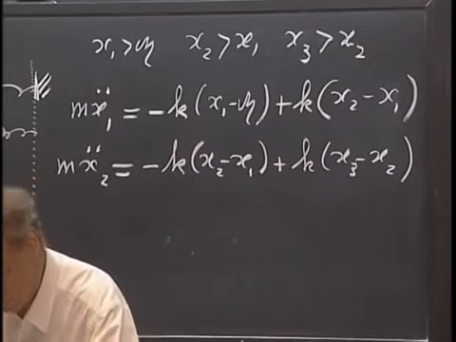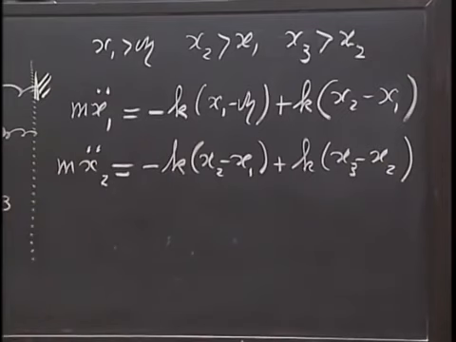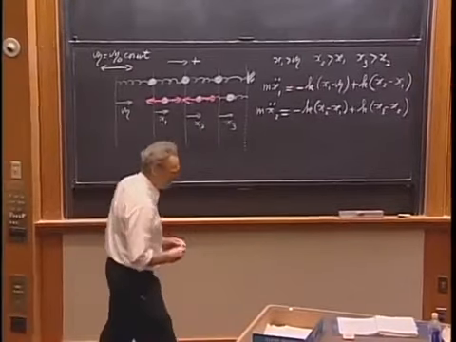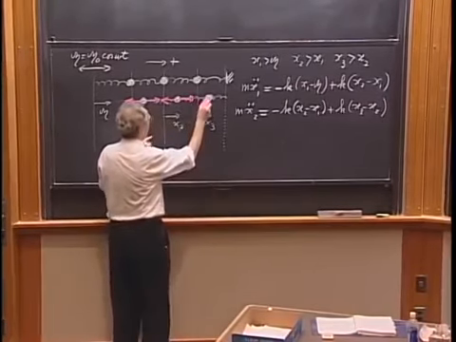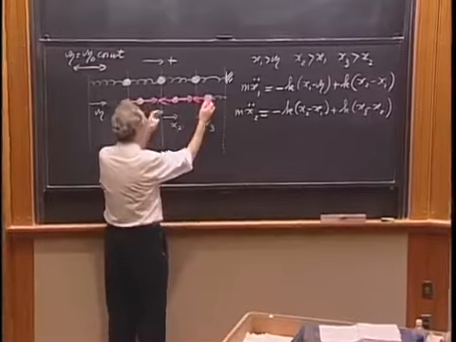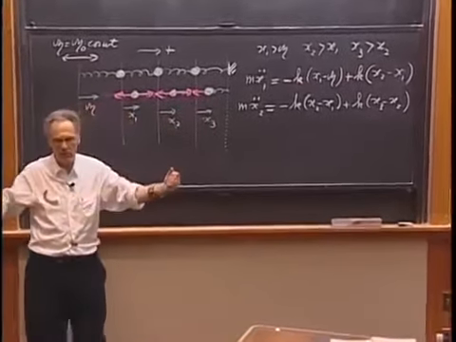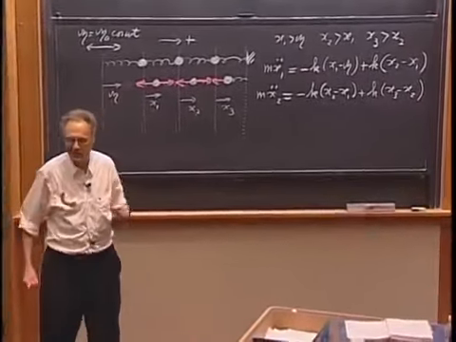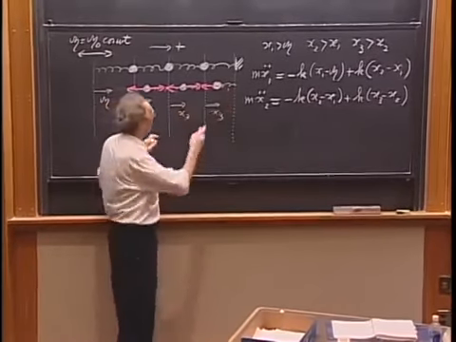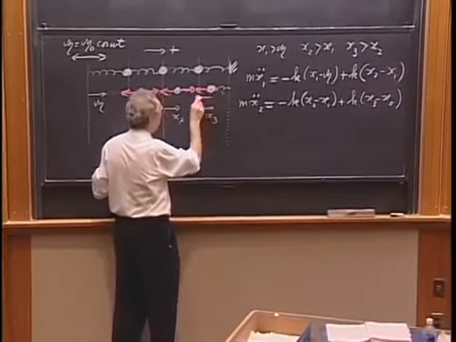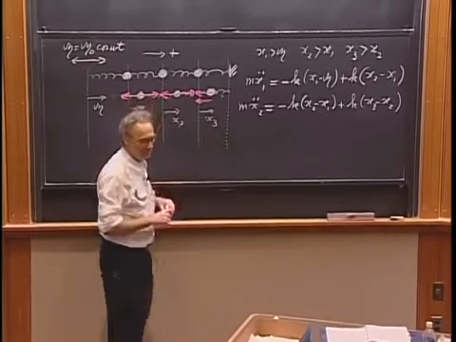So now I go to the next spring, to the next object. So this object here will experience a force to the left, because this spring is longer than it wants to be, so it wants to contract. But this one is pushing. So therefore, the force due to this spring is now also in this direction, because the end is fixed.